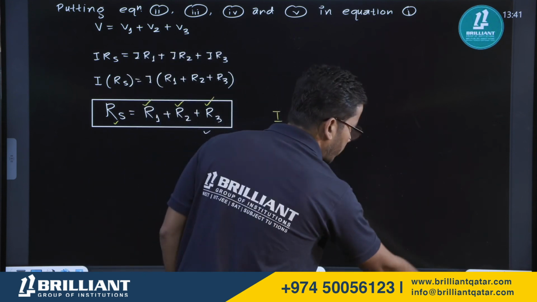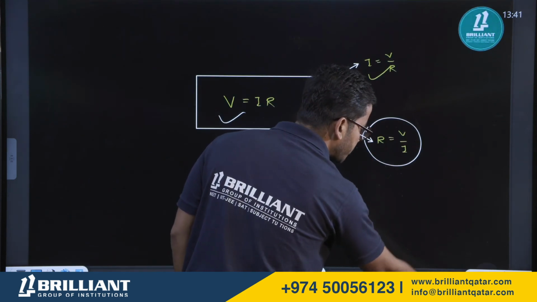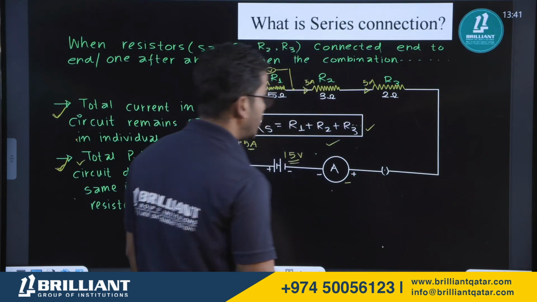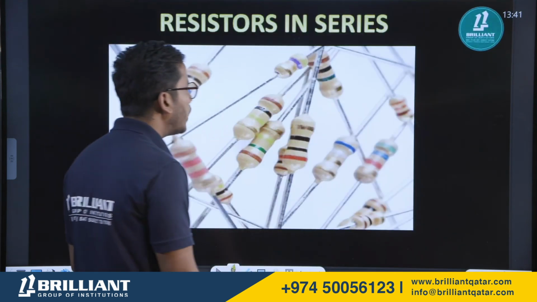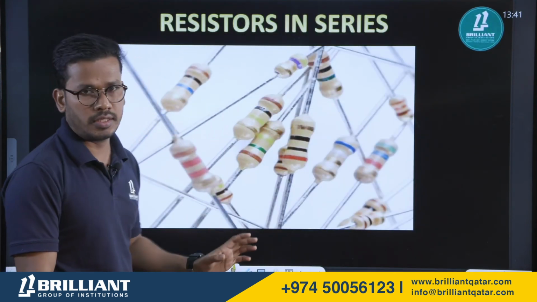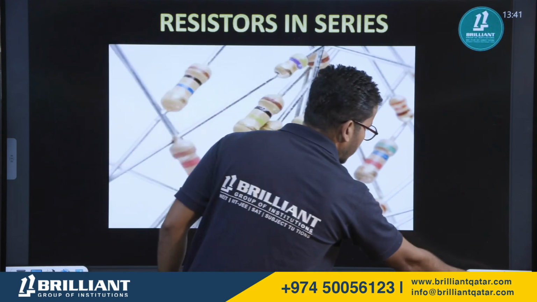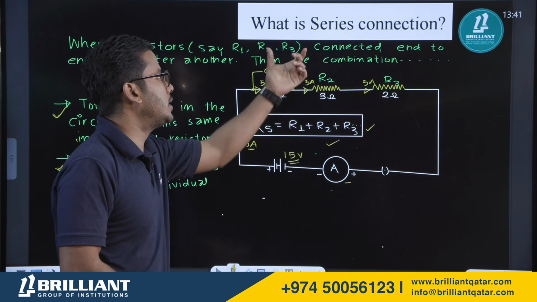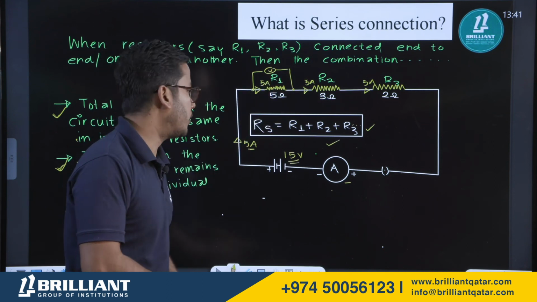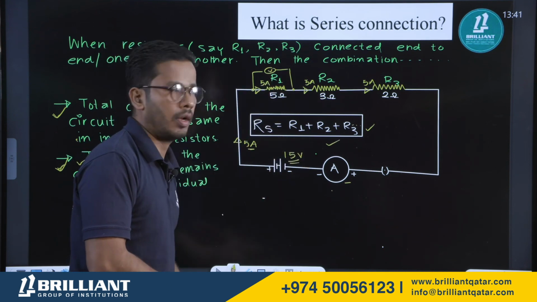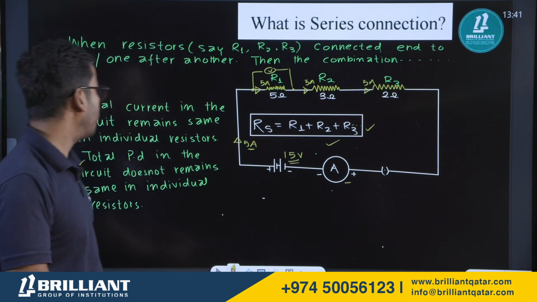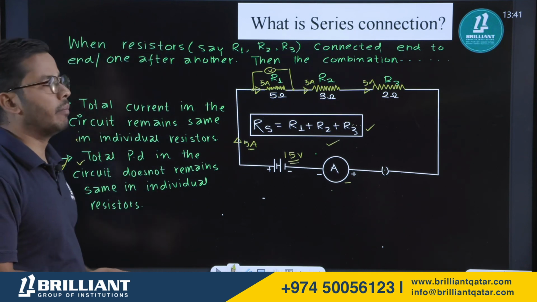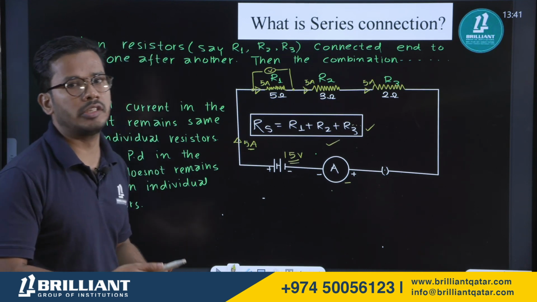So I hope you got today's class really well. It was about why we need to connect resistors in series, a hot topic in your class 10 physics. We saw what a series connection is, how to get the formula, what the formula is, and the two specific points about series connection: what happens to current and what happens to potential difference.